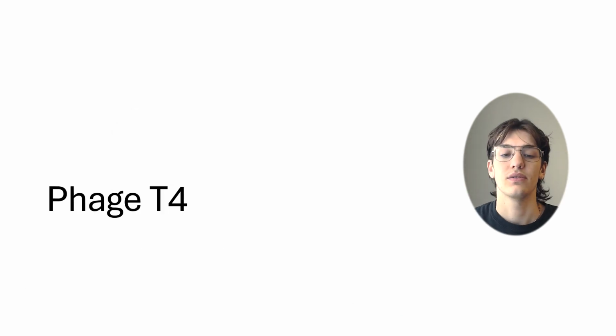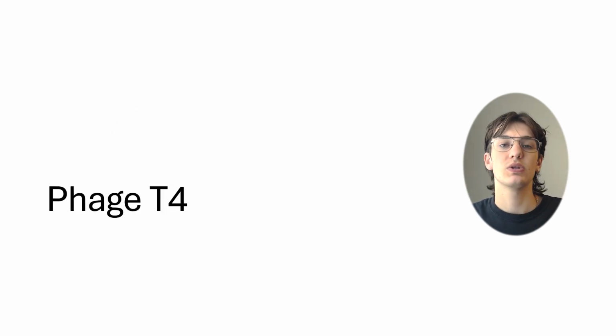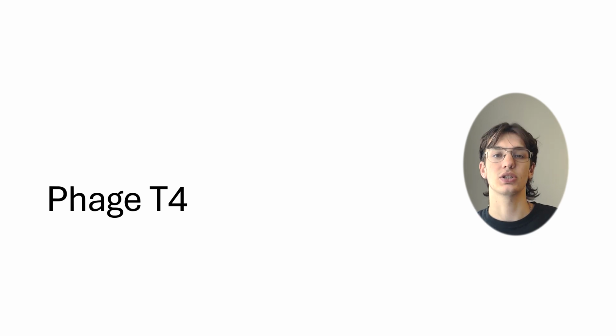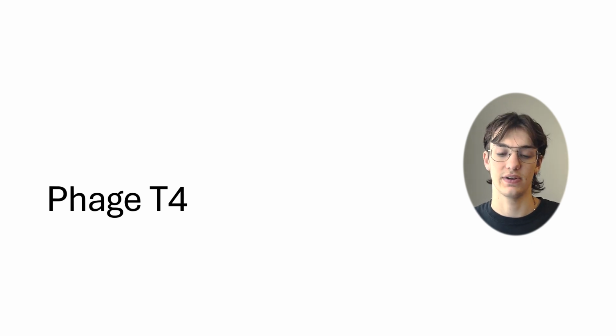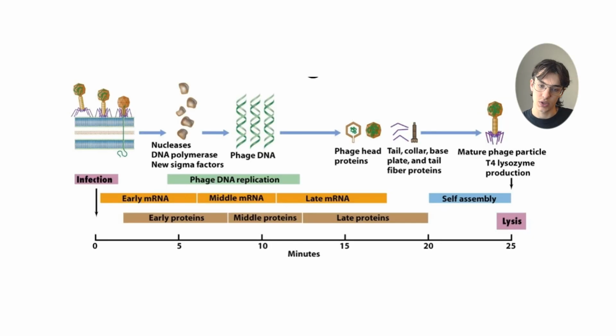We're also going to talk about bacteriophage T4, which is a super important bacteriophage, especially in research of bacteriophages. This is a great way to review how the life cycle of a bacteriophage occurs. So bacteriophage T4 is not a temperate virus, meaning that it only enters the lytic cycle. So you're going to have the bacteriophage first injecting and penetrating into the host cell.